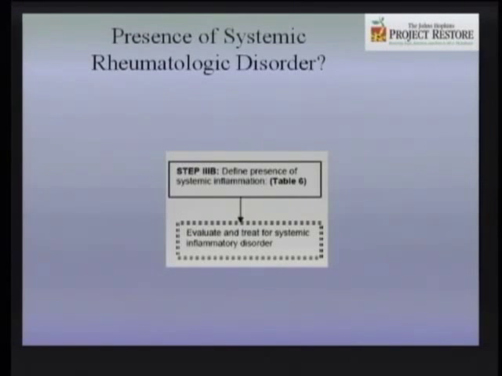Okay? The second step then to define the type of itis it is: could this be part of a systemic rheumatologic disorder? Is this really part of Sjogren's or lupus or sarcoidosis? And Julius Birnbaum is going to tell you about that in a bit in some more detail.